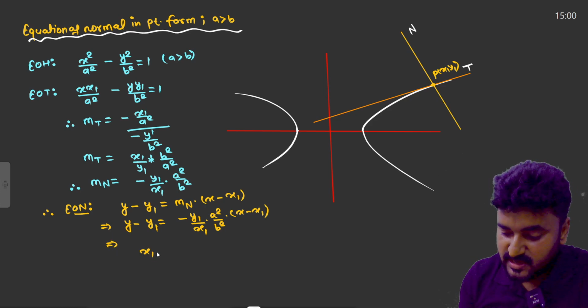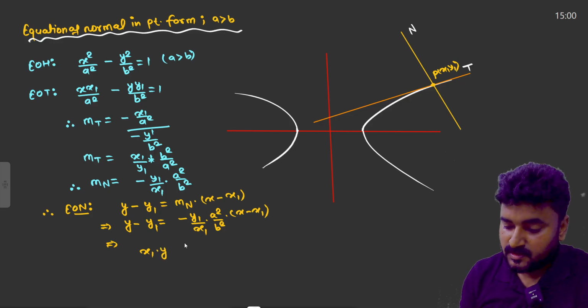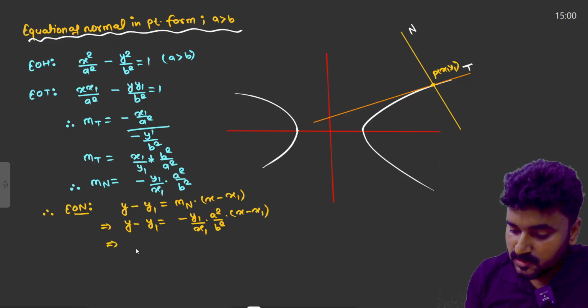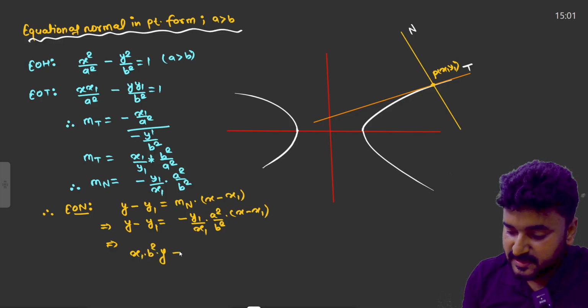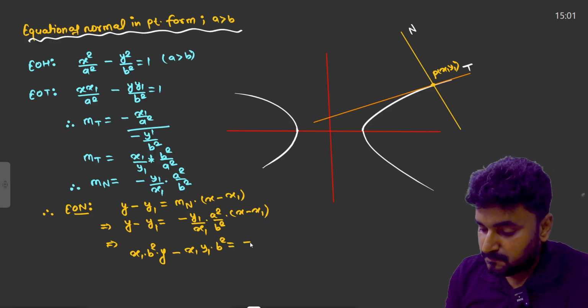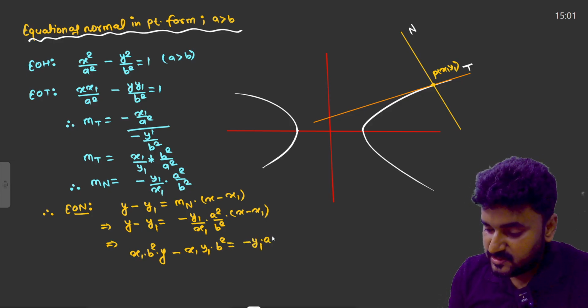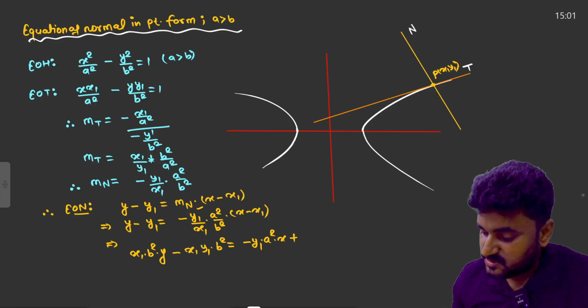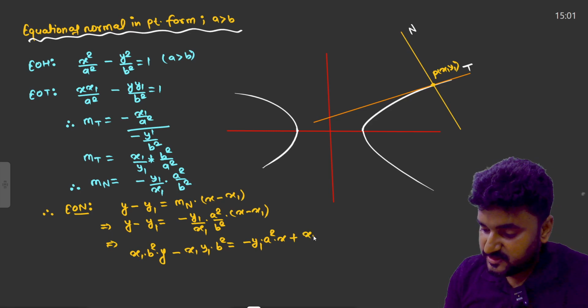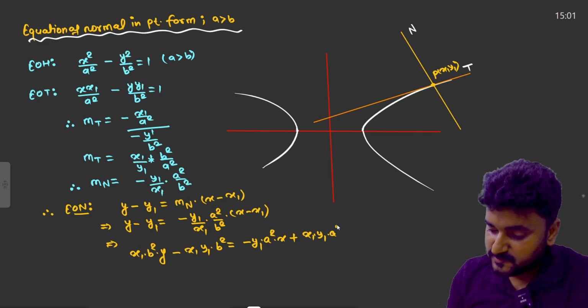So this is looking like x1 into y into b square, or we can write x1 into b square into y minus x1 y1 into b square equals, let us multiply, minus y1 into a square into x, and this is minus minus plus, so this is coming x1 into y1 into a square.